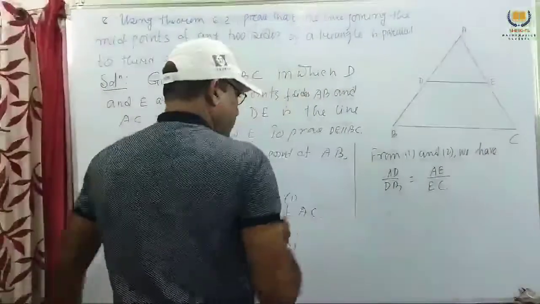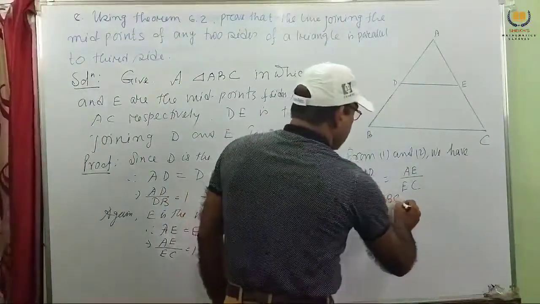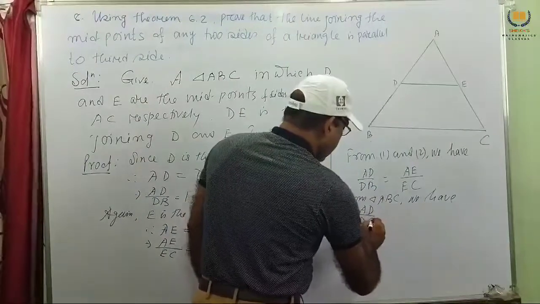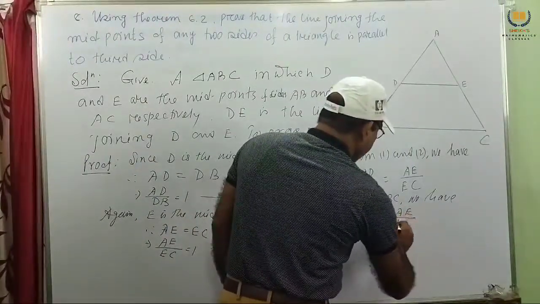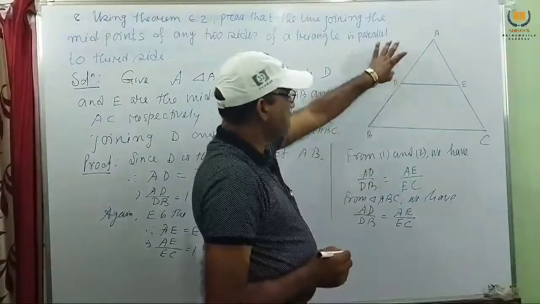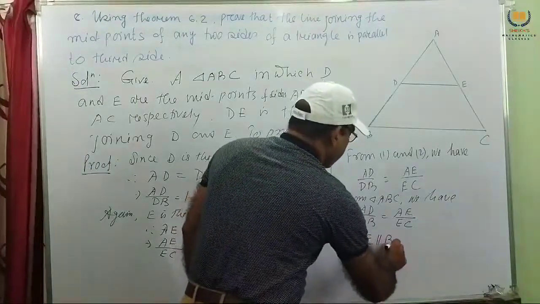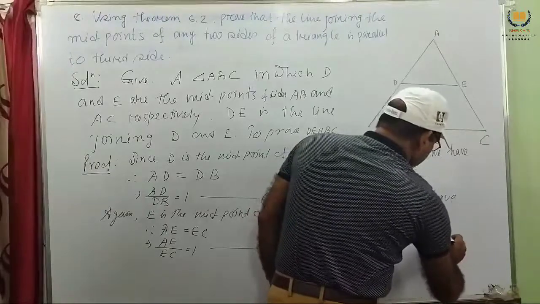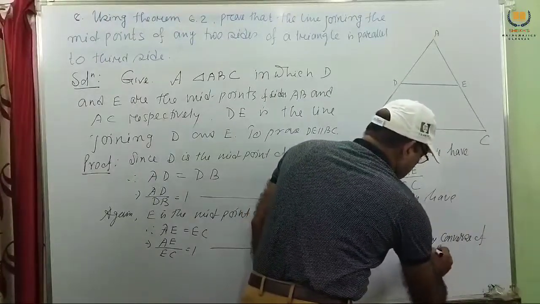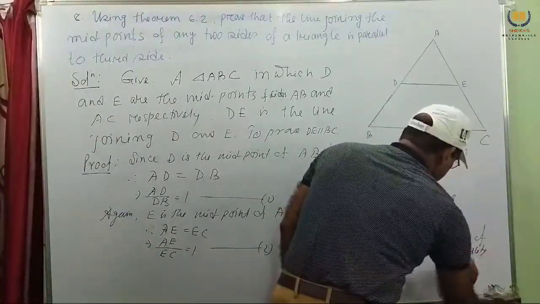So from triangle ABC we have AD by DB equal to AE by EC, and this implies DE parallel BC by the converse of the basic proportionality theorem.